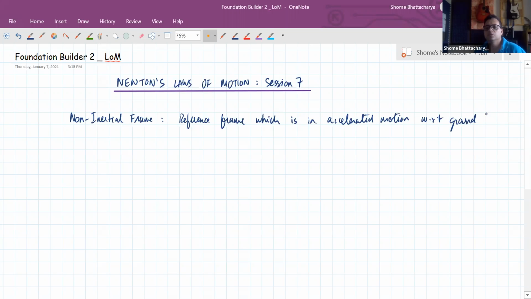So with respect to the ground frame, if we are in a reference frame which is moving, but not just moving, but moving with acceleration, that is, the acceleration should not be equal to 0 for the frame with respect to the ground frame, then we can call it a non-inertial frame.